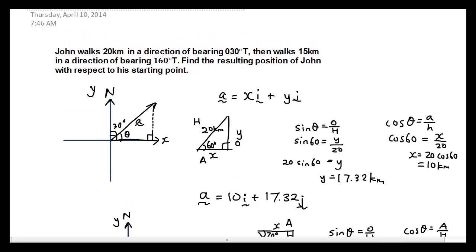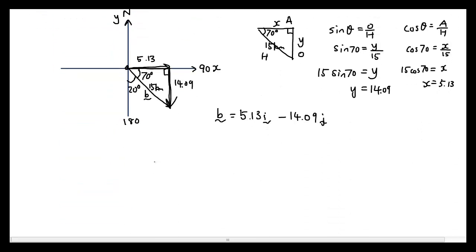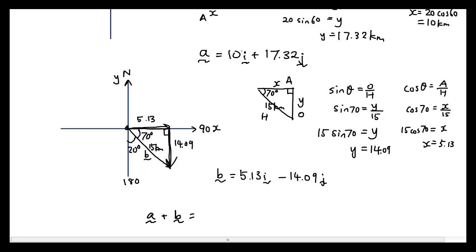So if we add the two vectors together, we can find the resulting position. So when we go vector A plus vector B, all you have to do when you're adding the vectors is you add the numbers in front of i. So it's 15.13i, and then you add the numbers in front of j, and then put it in front of j.